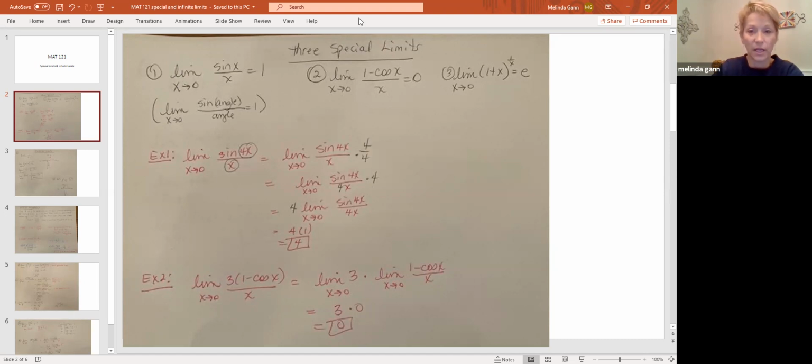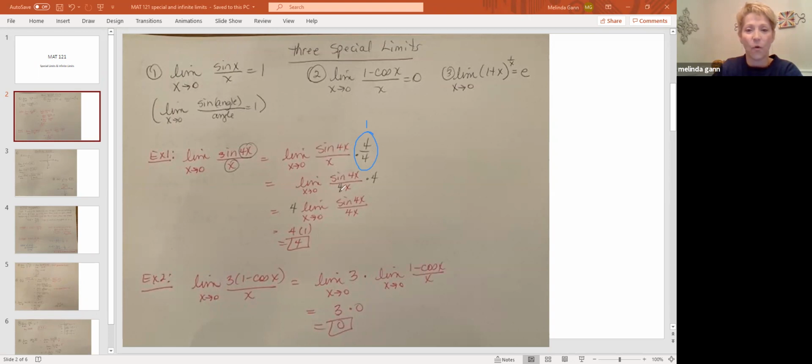Because remember what you're really doing right here, this is just a way of writing 1. And by the identity property of multiplication, you can multiply anything by 1 and not change it. Now here's the key. Slide in the one you need and not the one you do not need. So look what I did. The limit of the sine of 4x, well, what's 4 times x?